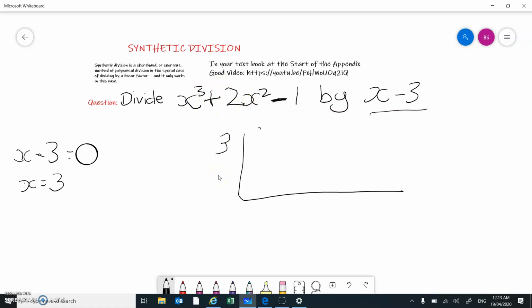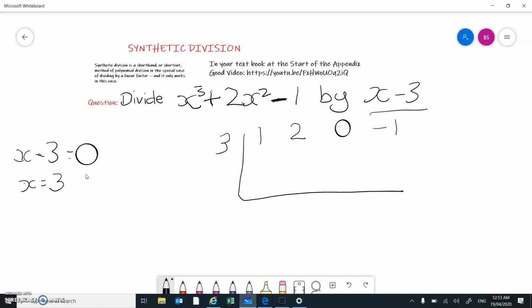So in this case it would be 1 for that one there, 2. Now a lot of people would then put -1, and you'd get it wrong. The next one should be 0, and then after that we put -1.